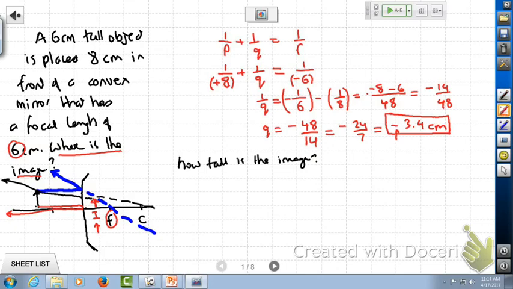So I'm going to say M, which equals the image height over the object height, which equals minus Q over P, which equals minus Q is minus 3.4 over P, which was plus 8, which is plus 3 8s are 24, 4 8s are 32, carry 2, 2, 5.